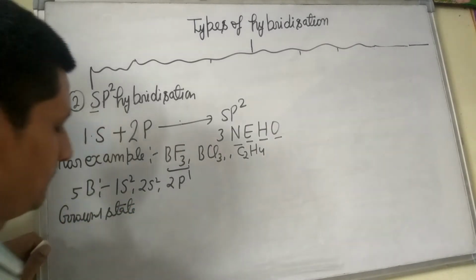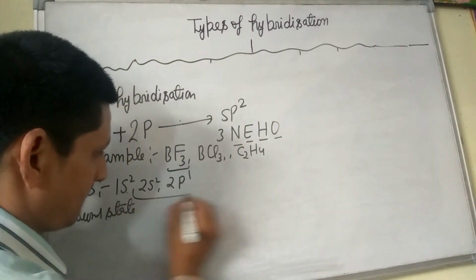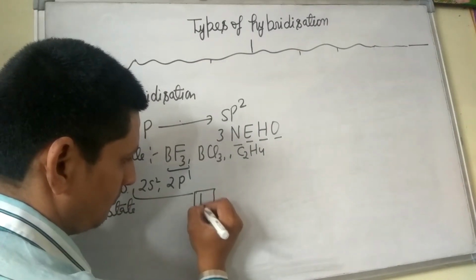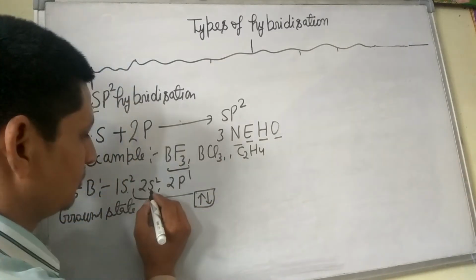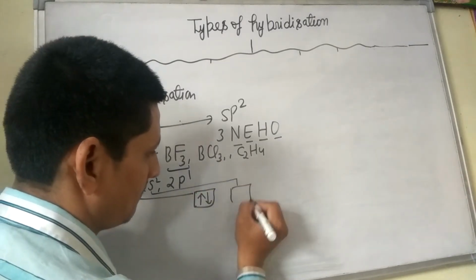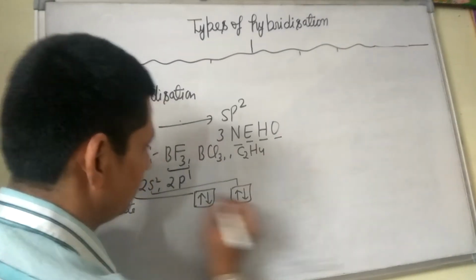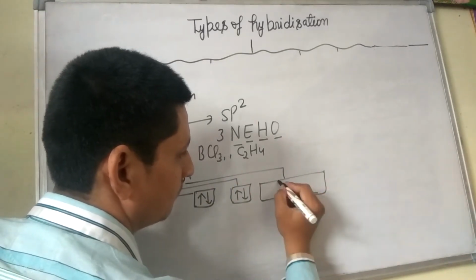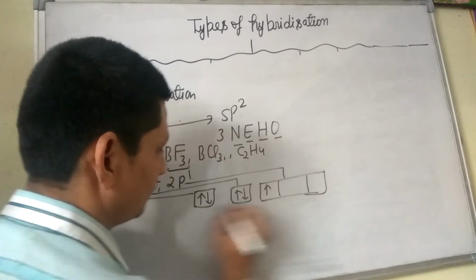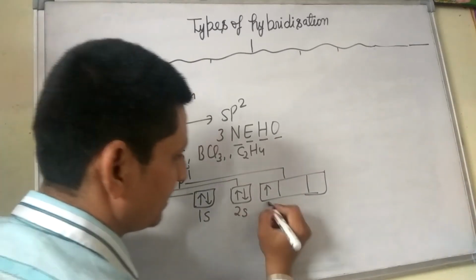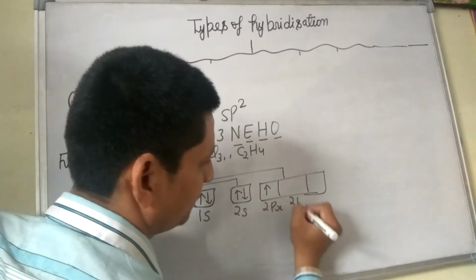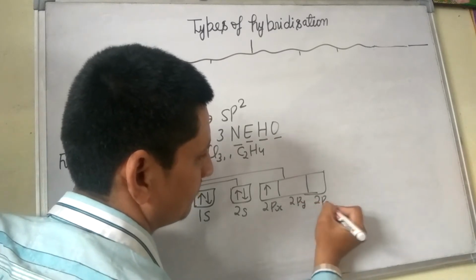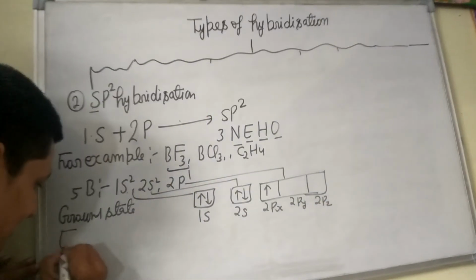we can show 1s with 2 electrons, 2s with 2 electrons, and 2p. 2p contains 3 orbitals: 2px, 2py, and 2pz. After this, excited state.